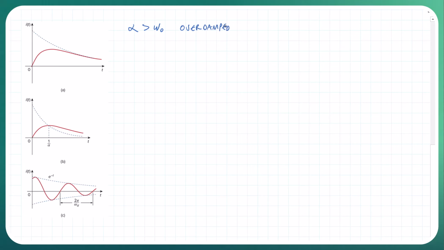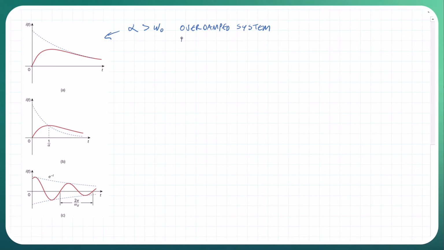So what does that mean? So our overdamped system is going to look like this here. This figure on the left side. Okay. In this case, both S1 and S2 are real and negative.